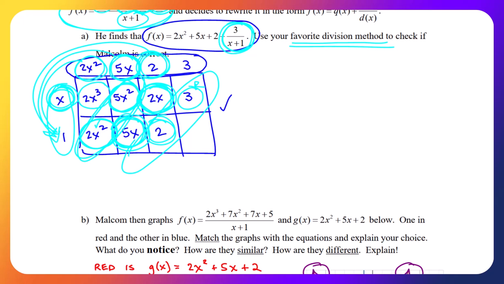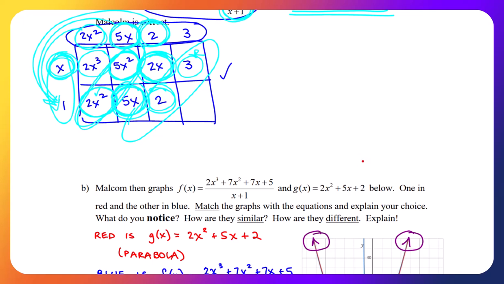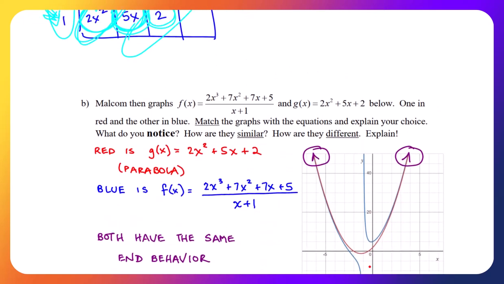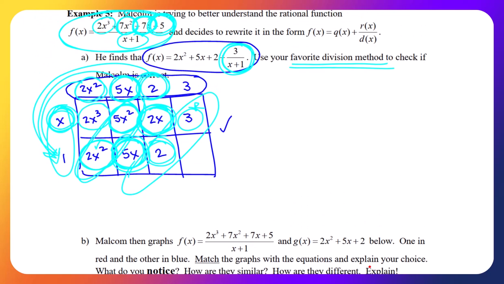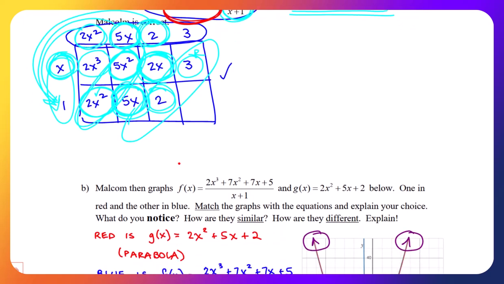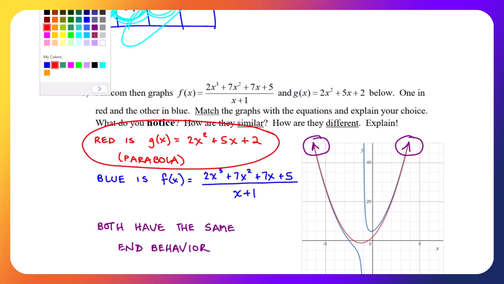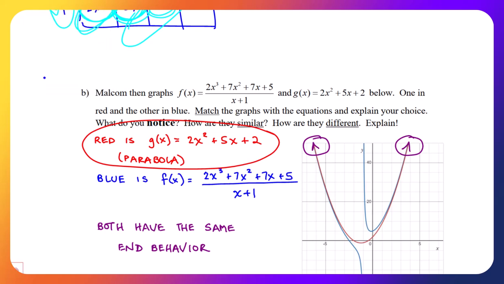Now next we're just going to give you the graphs. Okay? So below, the red graph is the parabola, which is this part of the answer. And then we're just telling you that the blue graph is the original problem.